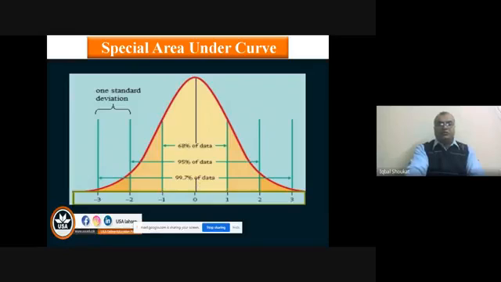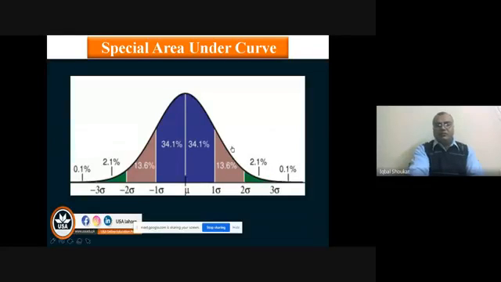Now we will apply this information on a bell-shaped curve. What percent of data lies within range? Let's have a look. The values of mu, mean, median, mode always lie at the center. Mean, median, mode are all equal at the center point, so it is known as a unimodal symmetrical model.